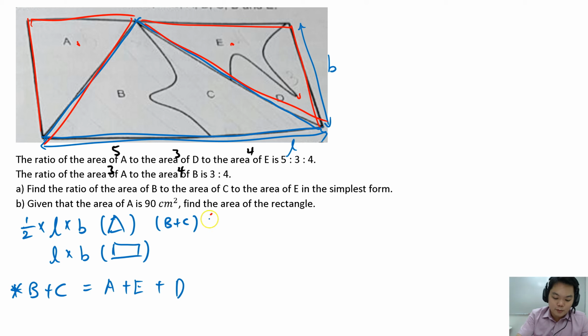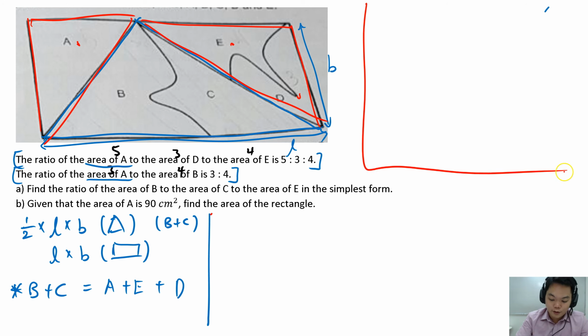After we've established this, we can then look for the repeated items. Here, the area of A is mentioned twice. So what we want to do is to convert them into equivalent fractions first. I'll use the top right hand corner because I'm running out of space.